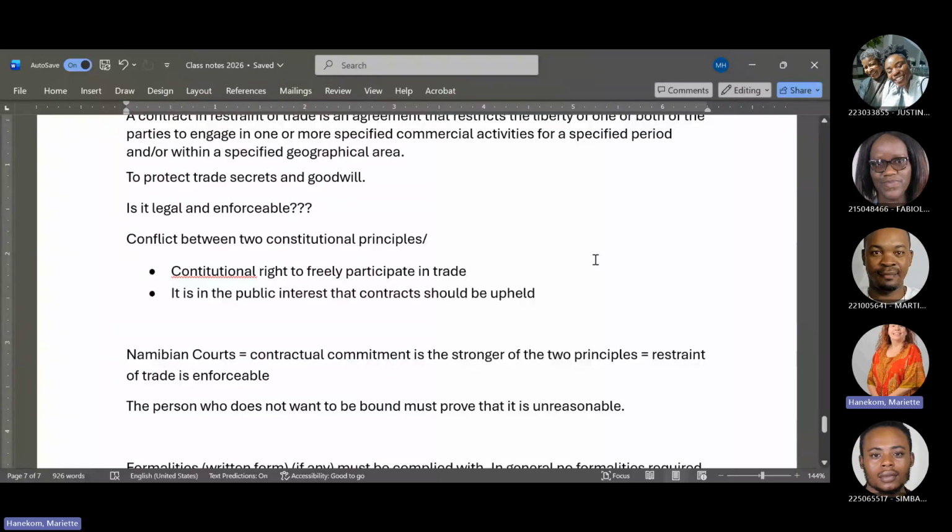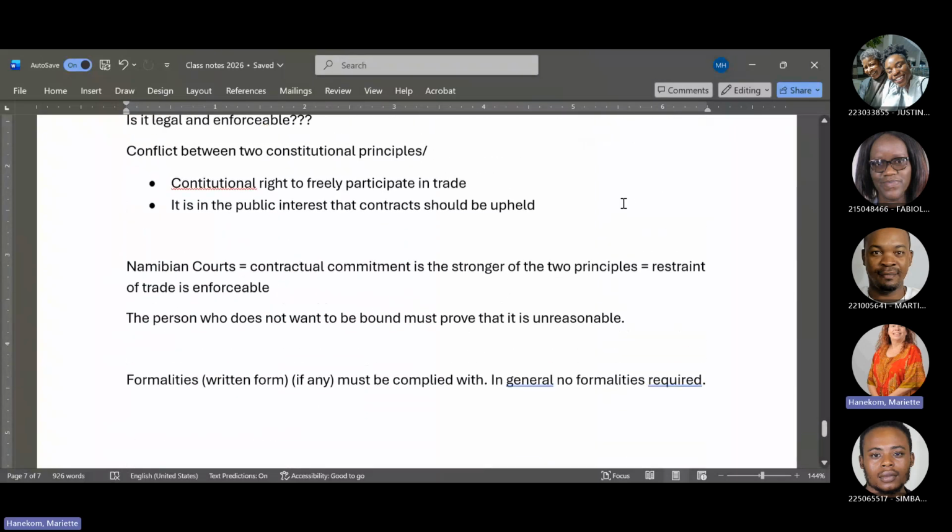So we're sitting with a conflict here between two different principles: the right to freely participate in trade and that contracts must be upheld. The approach of our courts is generally that contractual commitment, contract should be upheld, is the stronger of the two principles. So that gives more weight to the fact that contracts must be upheld.